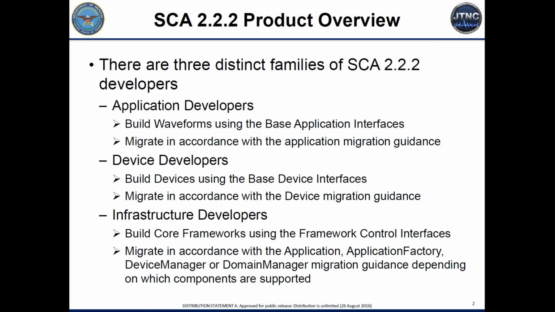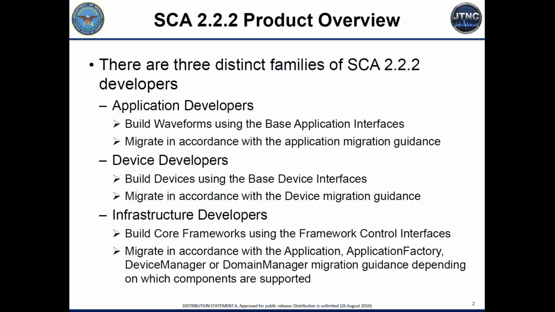There are teams or organizations that develop devices, and there are organizations that develop infrastructure. Infrastructure being that core of the core framework that's going to provide that common operating environment.